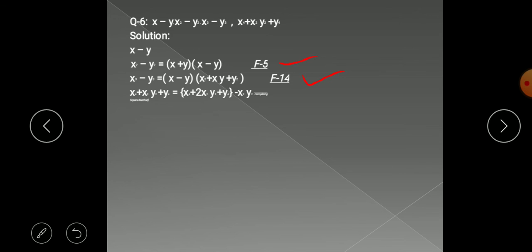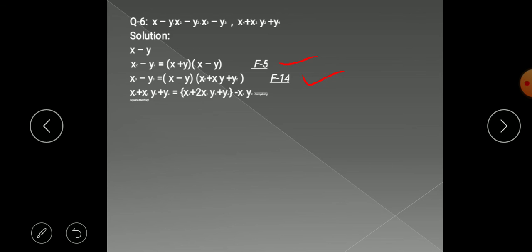Now x square minus y square, we will apply here formula number 5, and then in the third polynomial x cube minus y cube, we have applied here formula number 14. This is the factor form of the third polynomial.